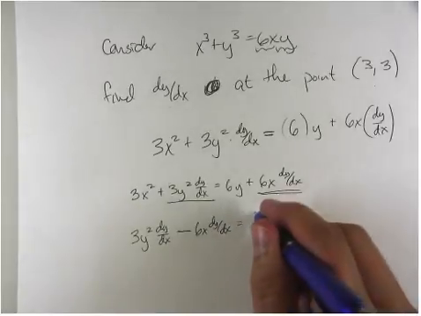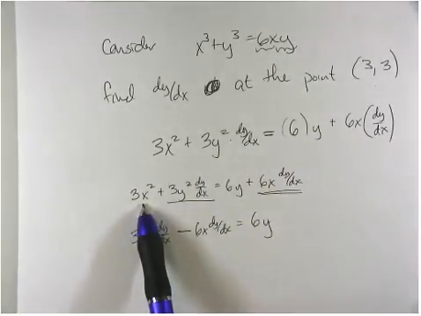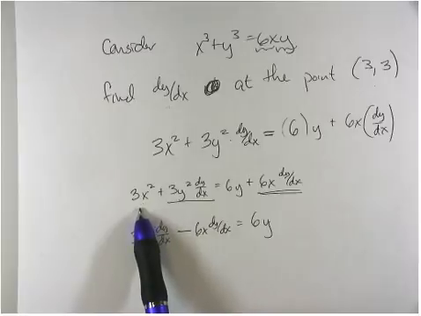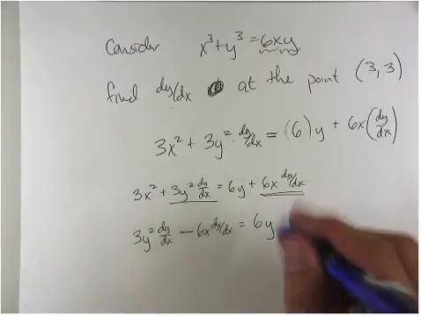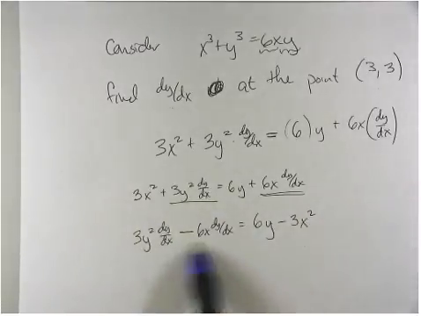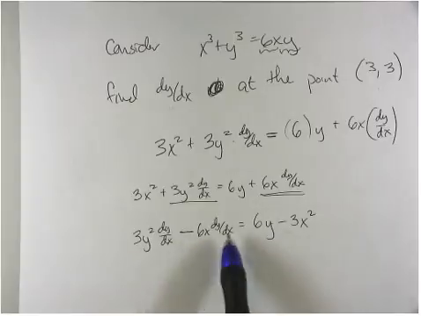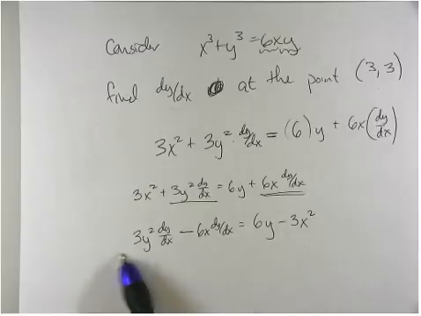So there's going to be a 6y over here on the right. It was already there. And this 3x squared on the left doesn't have any y primes in it, so I'm going to move it to the right side also. So minus 3x squared. Notice I've got all the dy/dx stuff together, and then all the not dy/dx stuff together. And then everything has a y prime in it, so I can factor that out.